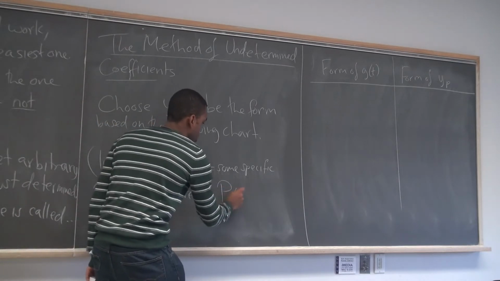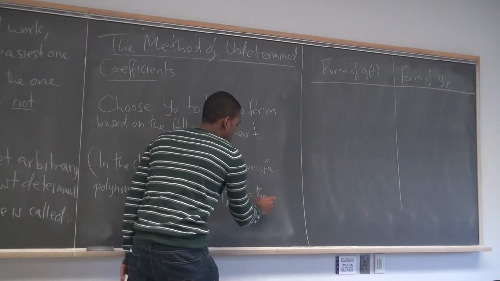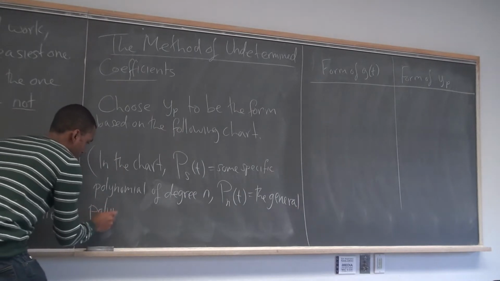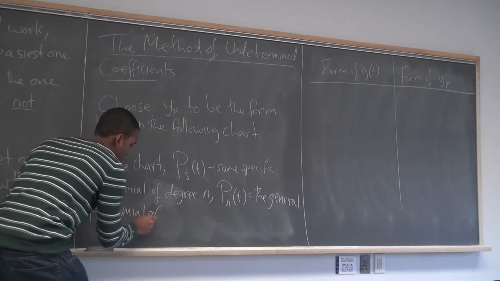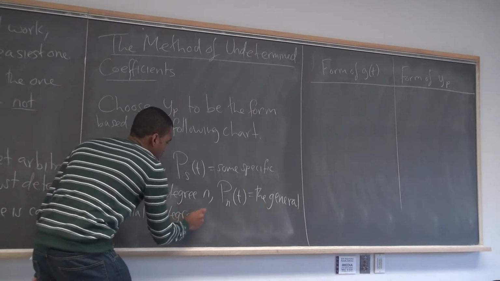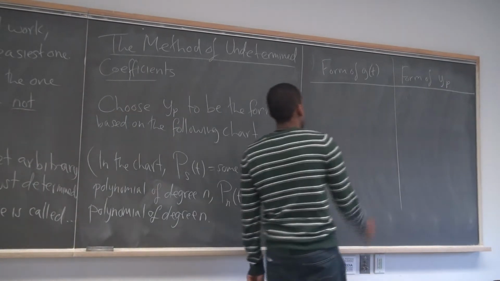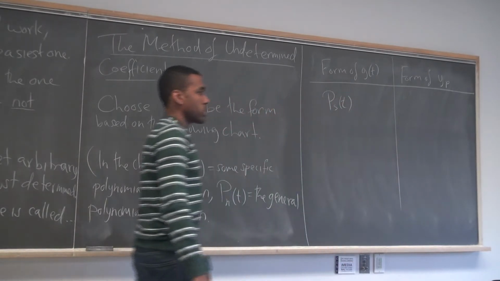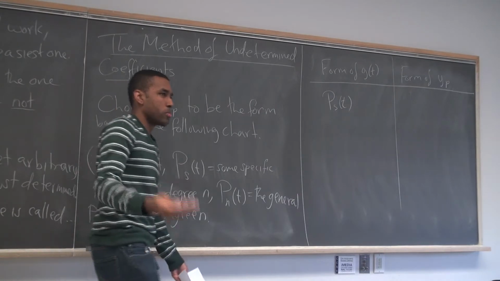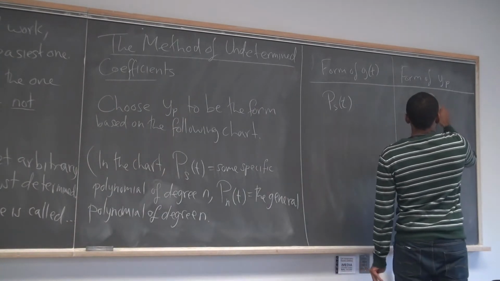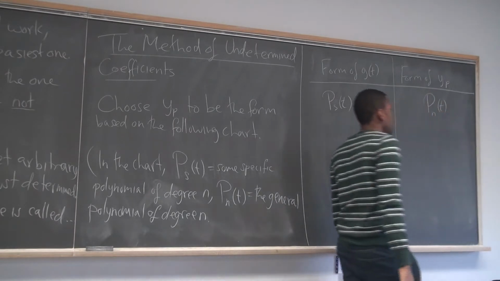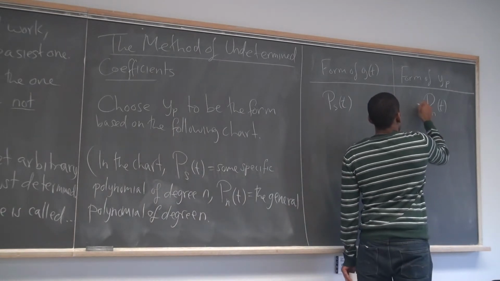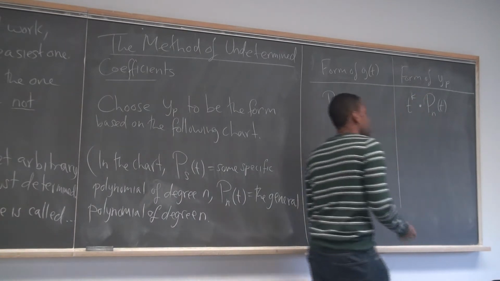And I'm going to say Pn equals the general polynomial. So let's say the right side of your equation is actually some specific polynomial. What's a form similar to a polynomial? Well, another polynomial, right? It'll be the general one. Also, I might have to multiply this by t to the k. I'm going to define what k is.